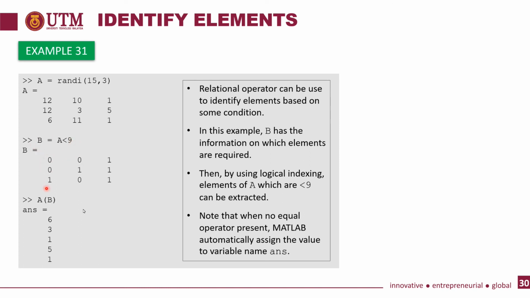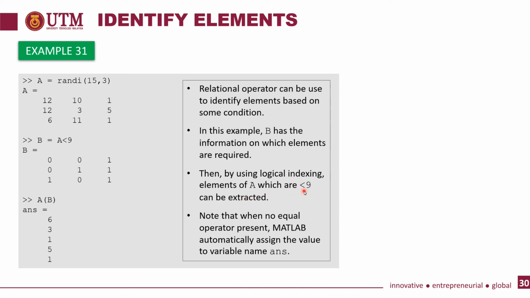Next, what we want to do is list out the exact numbers inside a which are less than 9. So we just need to do the indexing: a in bracket b. It will list out all of the numbers inside a which are less than 9. In this example, b has the information on which elements are required.